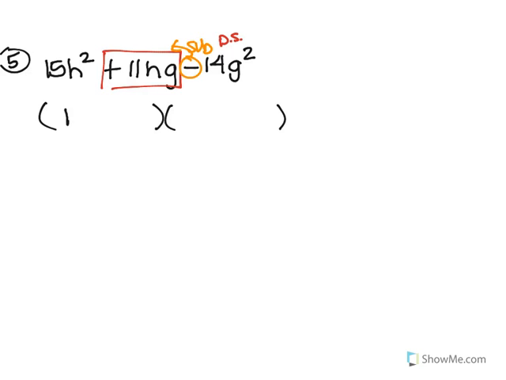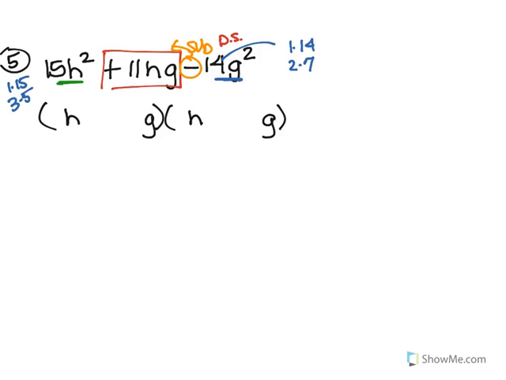So I'm going to go ahead and stick my h's in the front because that comes from the front. And I'm going to stick my g's in the back. Now, granted, I'm going to put some numbers in there, but I'm going to stick my variables in there so I won't forget them. Now, when I look at 15, you've got 1 and 15 and 3 and 5. And when we look at 14, you've got 1 and 14 and 2 and 7. And we're trying to subtract to get 11.